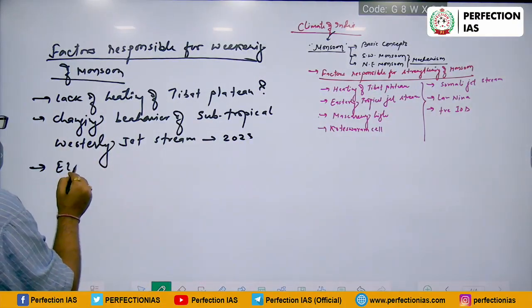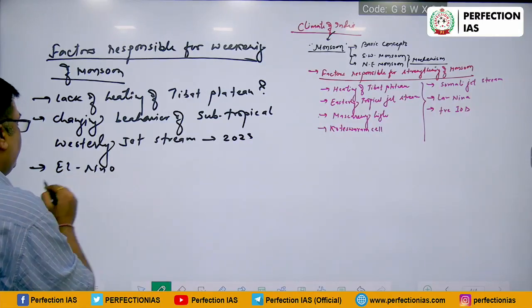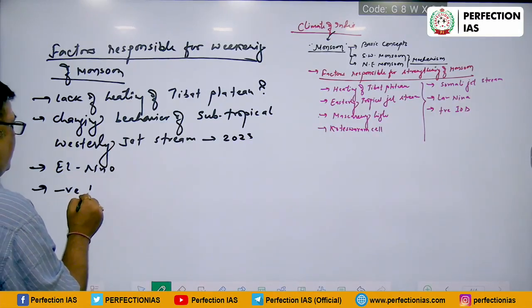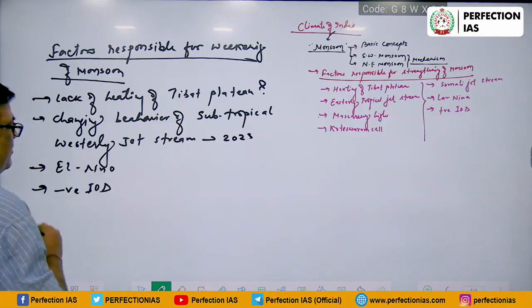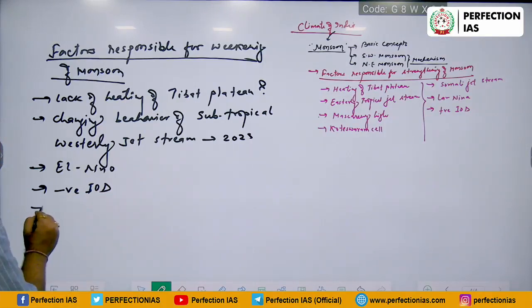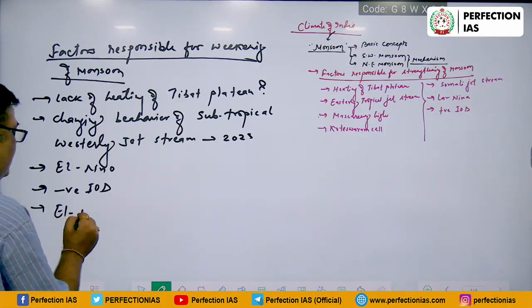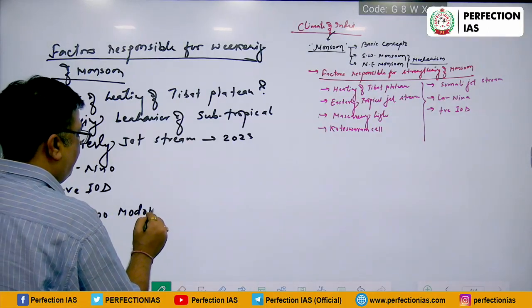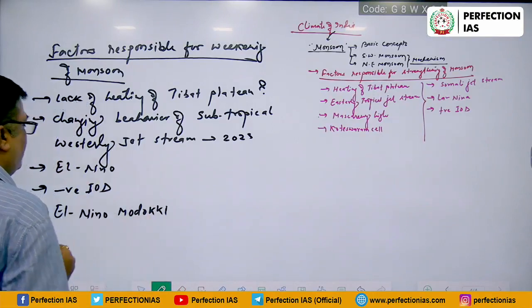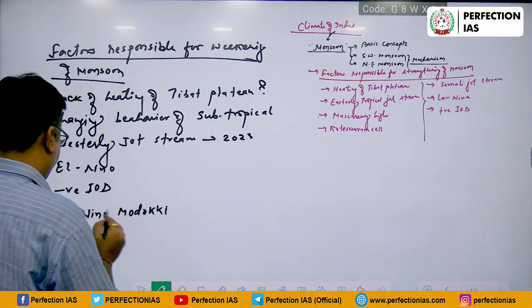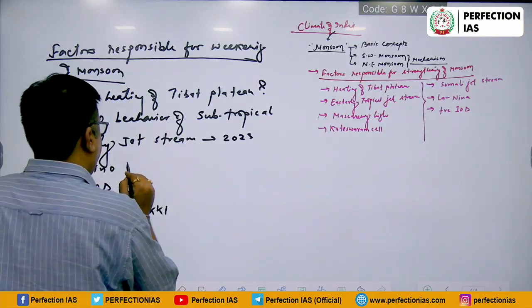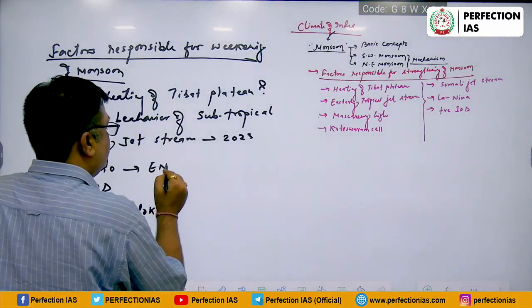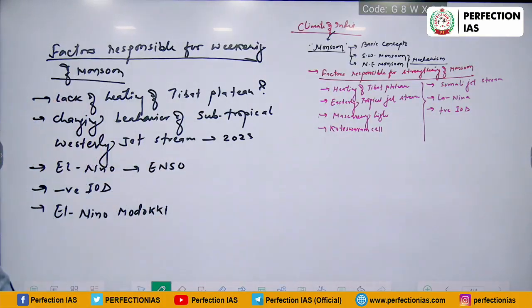Thereafter, El Nino, negative IOD. Then El Nino Modoki and El Nino and ENSO, El Nino Southern Oscillation.